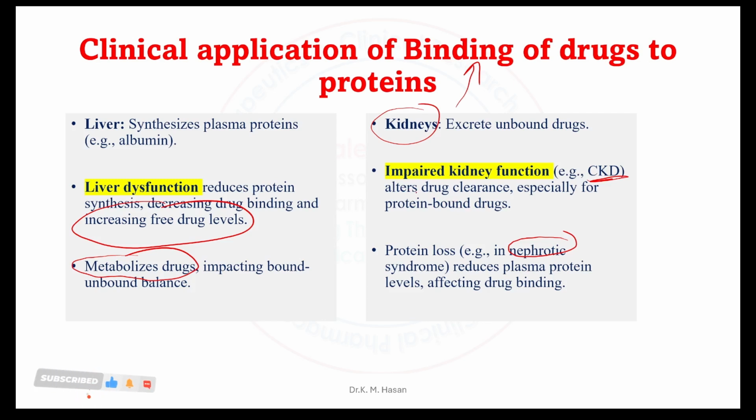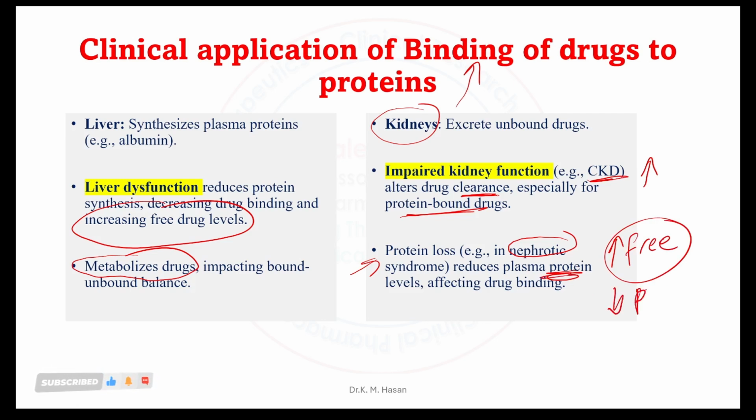So this will alter clearance of the medication, especially protein binding drugs. The situation will be increased concentration of the medication, unable to eliminate. This is number one. And number two, during nephrotic syndrome, the patient will lose a lot of protein. In this case, this will increase free drug in the plasma because we have less protein.